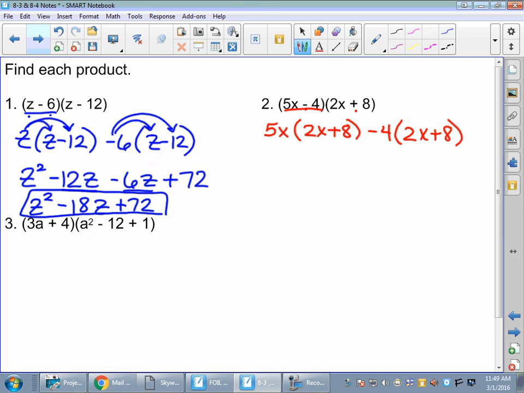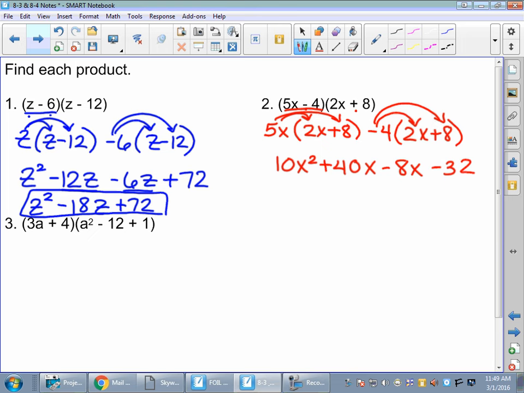Both parts are being multiplied by 2x plus 8, so we're going to distribute. 5 times 2 is 10, x times x is x squared. 5x times 8 is a positive 40x. Negative 4 times 2x gives me a negative 8x, and negative 4 times a positive 8 is a negative 32.